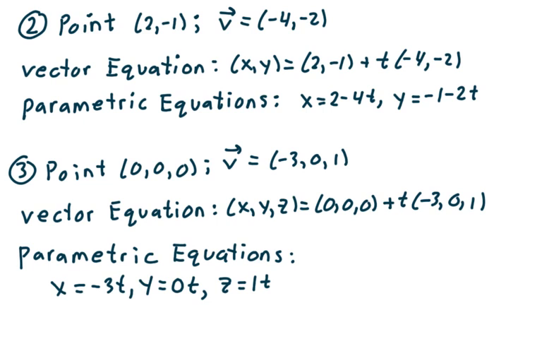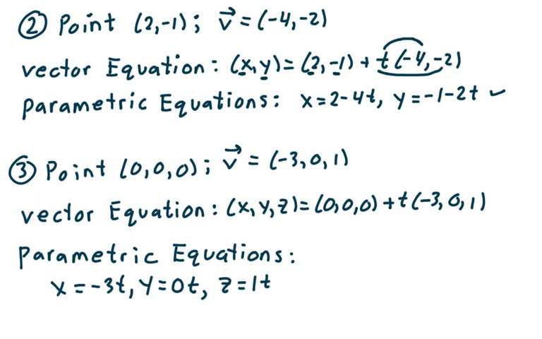Now, the parametric equations. So I'm going to take x and set it equal to 2 minus 4t. And then y is equal to -1 minus 2t. And those are the parametric equations.